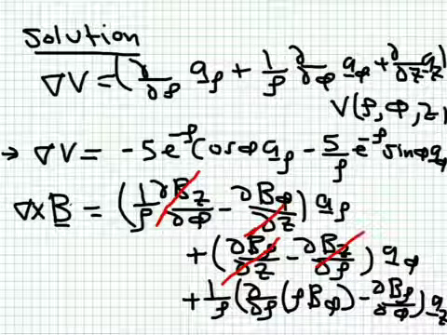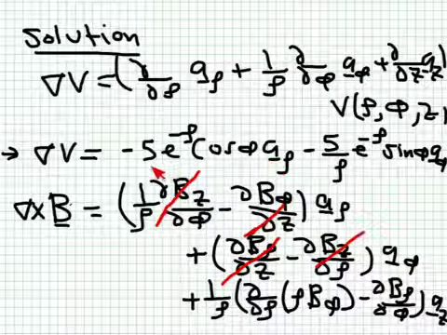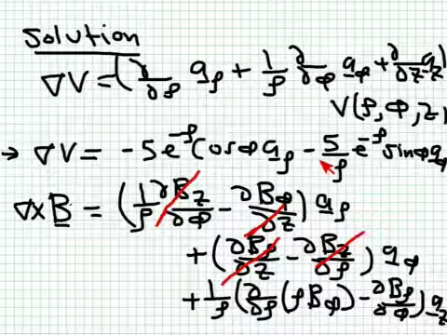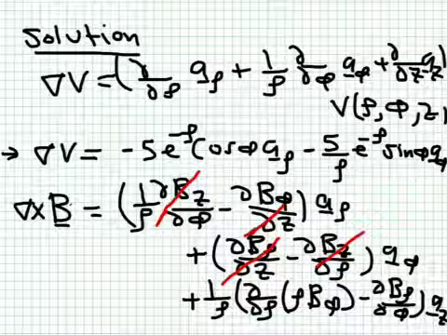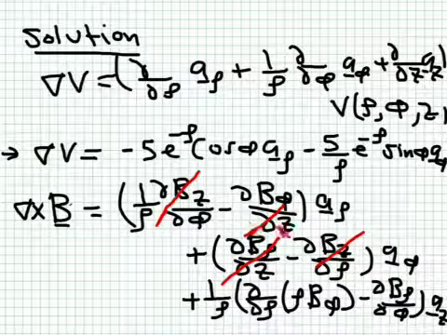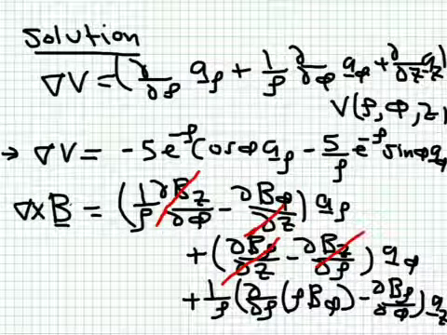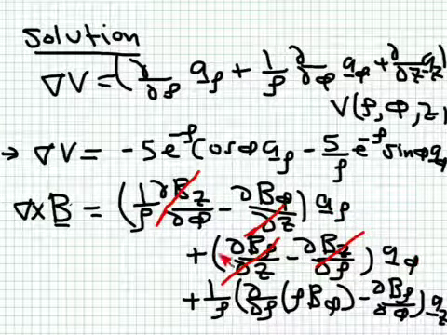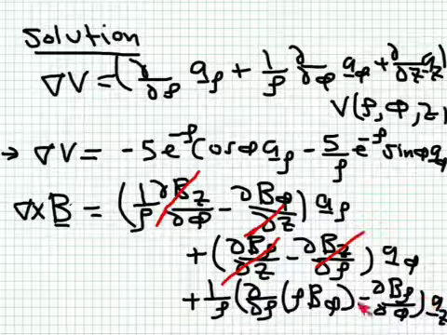You will notice as well that B_ρ is not a function of z. Then ∂Bρ/∂z is equal to 0. You will notice that Bφ is not a function of z. Then ∂Bφ/∂z is equal to 0. So this curl will not have a ρ component. This is all zeros. It will not have a φ component. It will have only a z component as shown here.